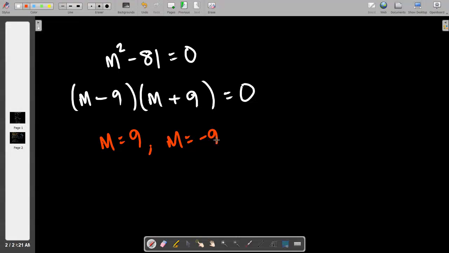Okay. How about this one? This is what we learned at the beginning of class today. This is this new kind of factoring. You remember what those three magic letters are? GCF.